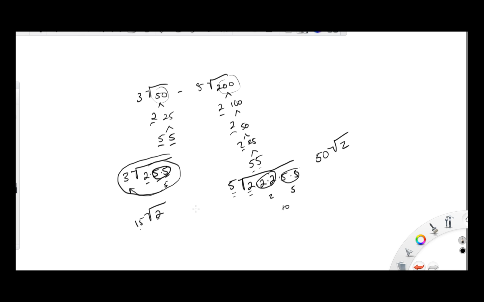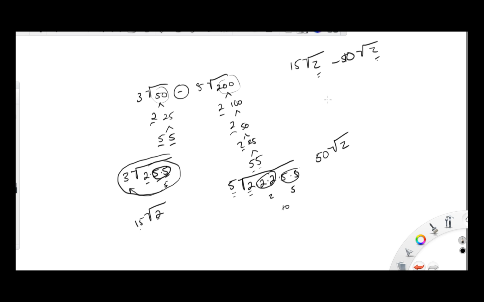Well, now we can do our problem because we have 15 times the square root of 2 minus 50 times the square root of 2, and we can actually make that happen, okay? Because the root now is the same. It's kind of like common denominators, except we have to have common roots.